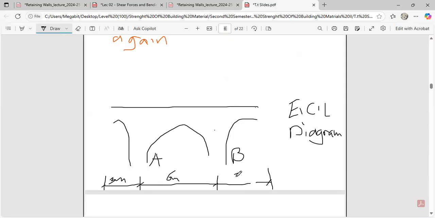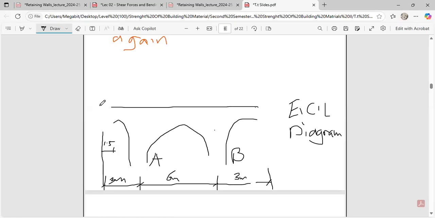And here was 3 meters. So the position for the first one that we drew was 1.5. You measure 1.5 from here, and if you measure 1.5 from here, it's going to be at mid span. So this is your 1.5.